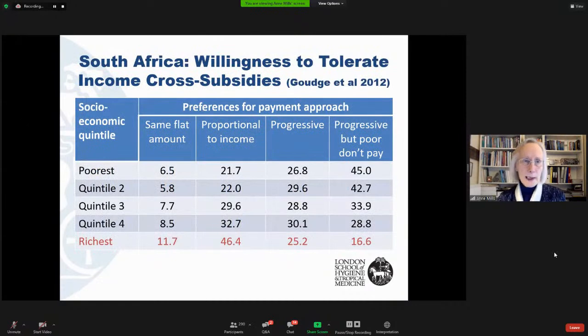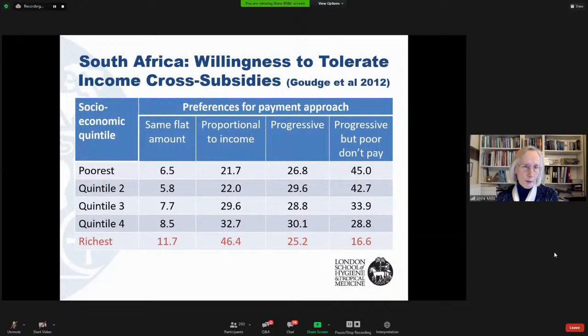This is work we did in South Africa with collaborators there, trying to assess the degree of willingness of the population to cross-subsidize other groups. Since in essence with universal health coverage, that's what you will be doing, at least to some extent, and you certainly would be doing it if you're paying from general tax.